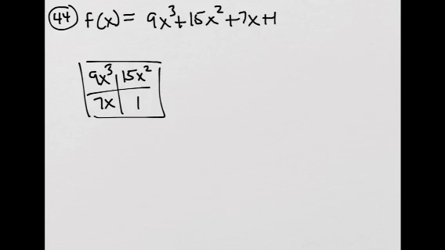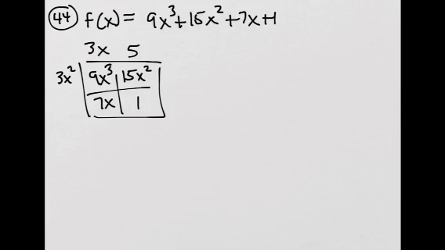So like I said before, when you have 4 terms and you want to find the zeros, try factor by grouping first. And so when we do that here, the greatest common factor in the first row is 3x squared. And then 3x squared times something gives you 9x cubed. That would be 3x. And then 3x squared times something gives you 15x. That would be 5.